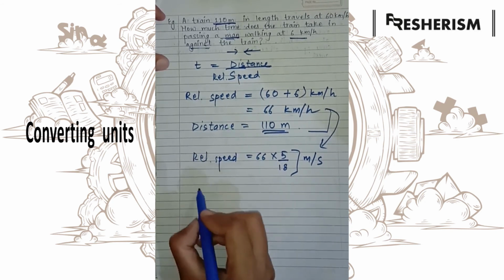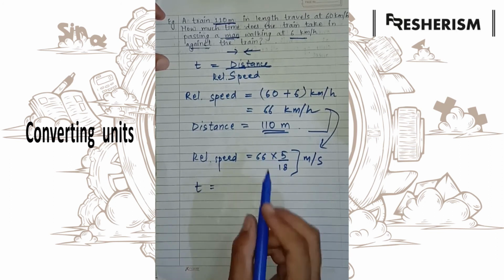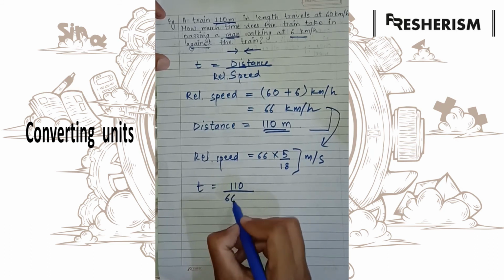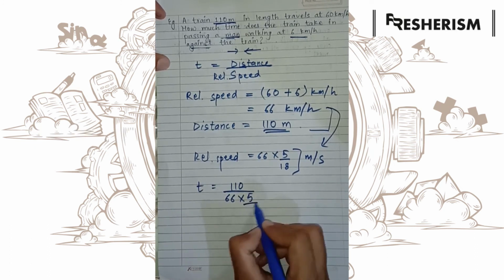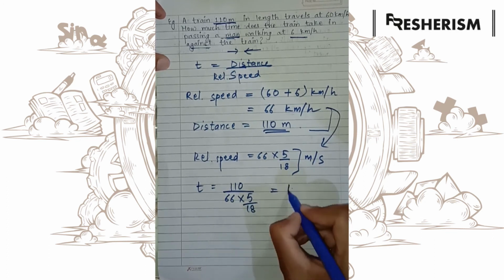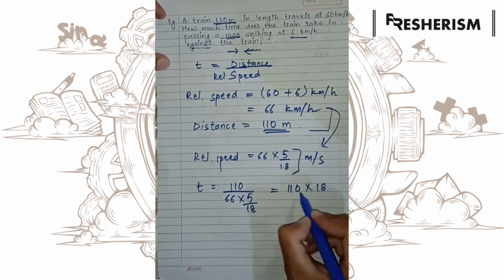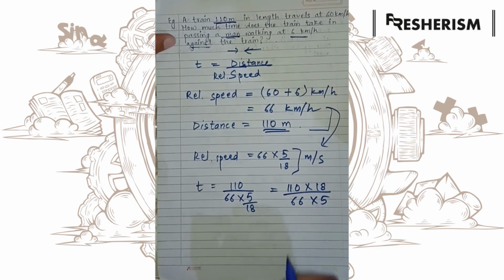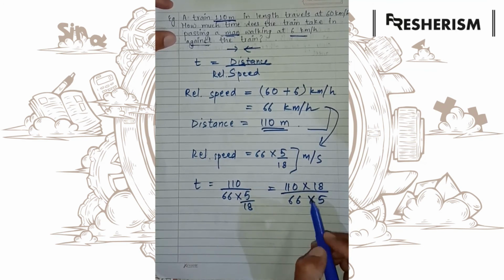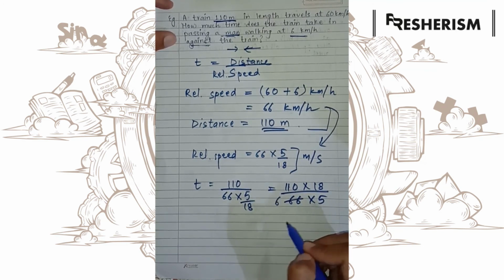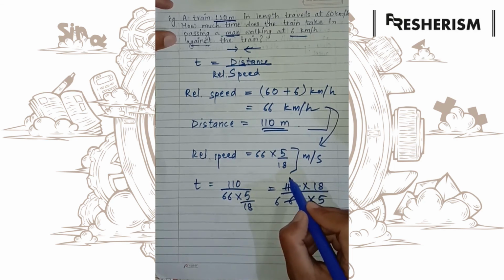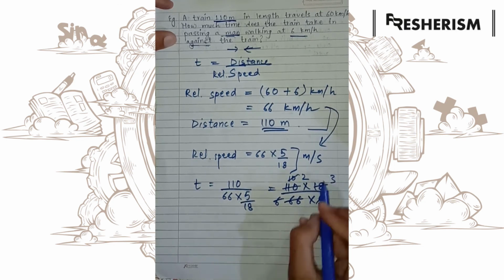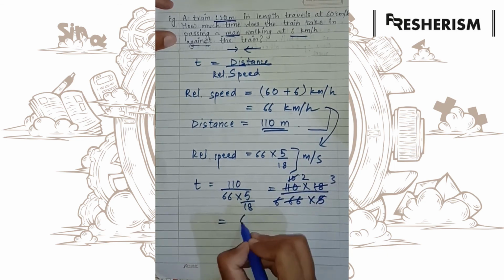So the time will be equal to distance, that is 110, upon the relative speed, that is 66 multiplied by 5 by 18, and the 18 will go in the numerator. So this is what we get. And we'll cut it on the table of 11, that 11 6s are 66 and 11 10s are 110, 5 2s are 10, 6 3s are 18. So the answer will be 3 2s are 6 seconds.